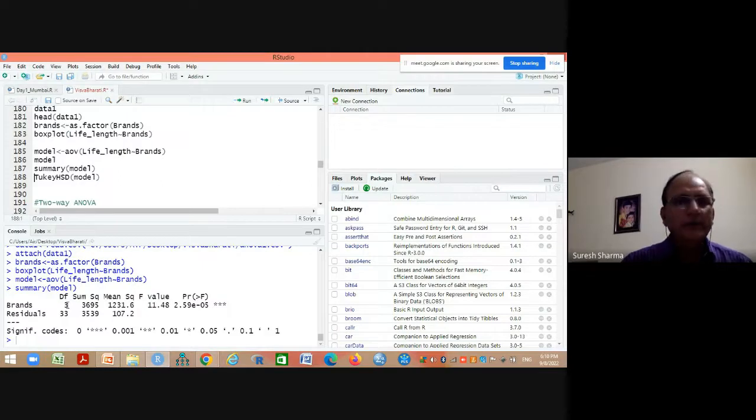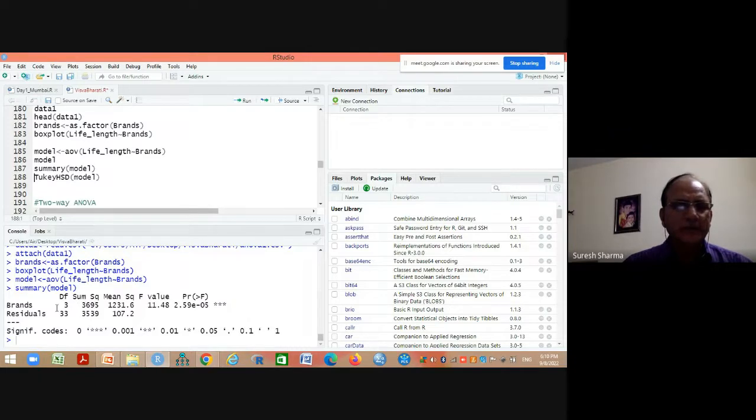The total number of observations was 37, so the total df will be 36. 36 minus 3 will be 33. So this is residual or error, and error will be 33.